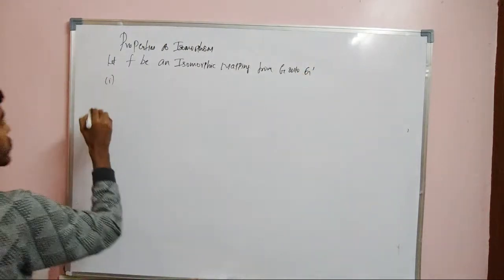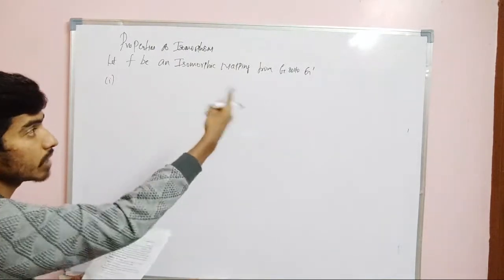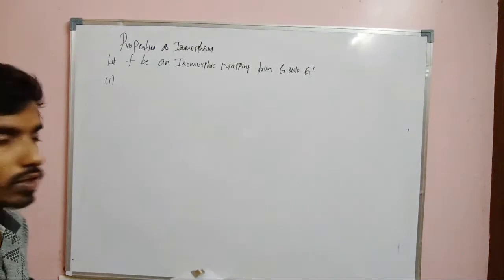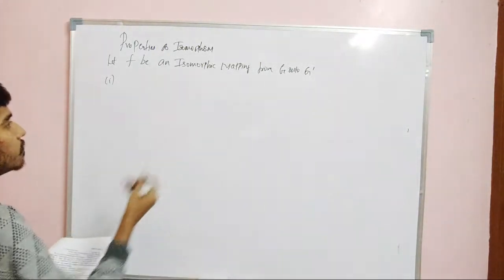The first property: already they have given that this is an isomorphism. Let F be an isomorphic mapping from G onto G dash. That means F is one-one, F is onto, and F of AB is equal to F of A into F of B. These are the conditions that we are assuming in the beginning itself.